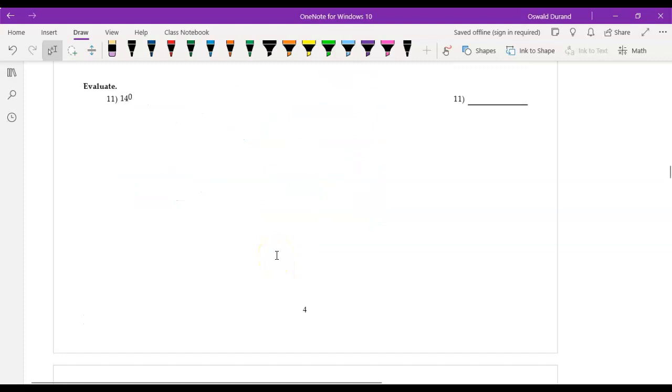Now let's move on to the zero exponents. All right. So zero exponents. There's a rule for it, and the rule is very simple. It means that anything raised to the power of 0 is always equal to positive 1. That's it.